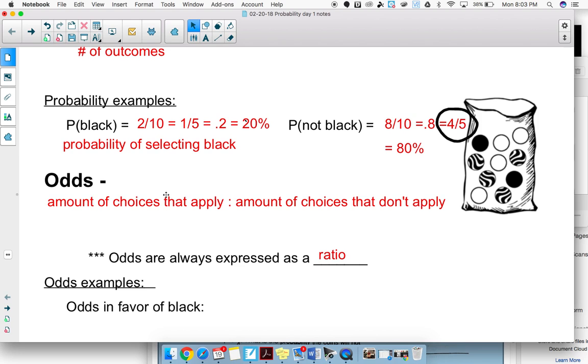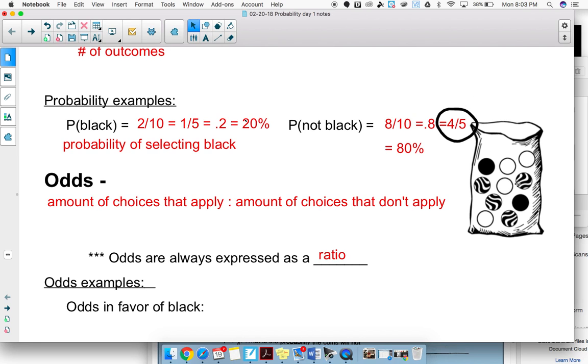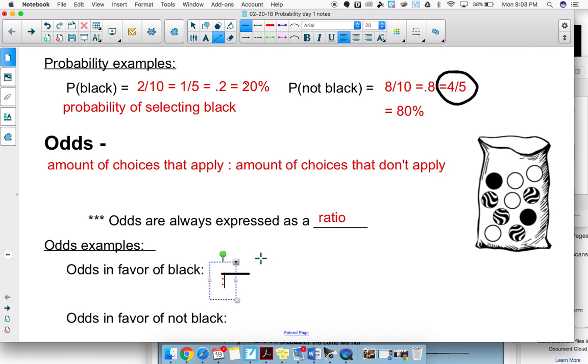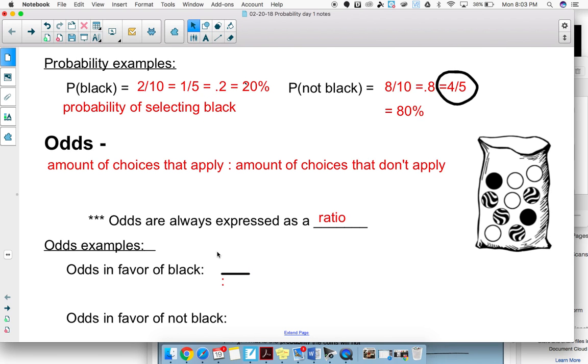Okay, so looking back up here at the picture, the odds in favor of black means the first number we write down is going to be the number of items that are black. And then the second number we write down, instead of being the total, will be the number of items that are not black. So in this case, 2 of them are black.